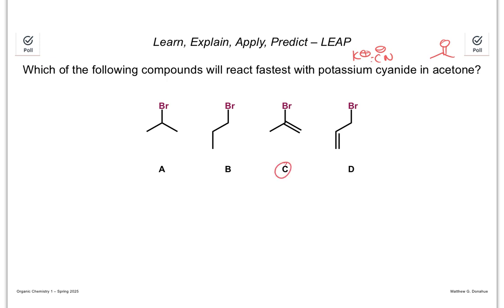C. The carbon bearing the leaving group is sp2 hybridized. For SN2 reactions, that carbon has to be sp3. So A, B, and D, they're all sp3 hybridized carbons, and then we have to rank them somehow.